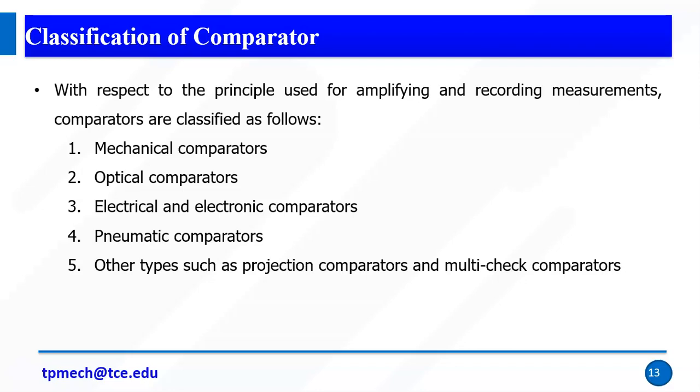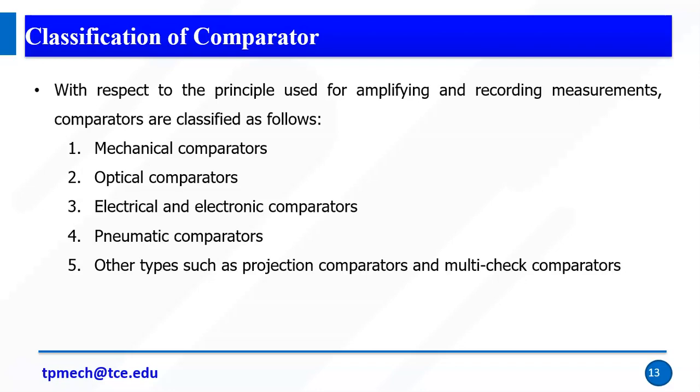Optical comparators use light sources. We are going to inspect using light sources. Electrical and electronic comparators use electrical characteristics like inductance, capacitance, resistance, all those things. So we use electrical inductance to measure or to compare the unknown value to the standard value, right?